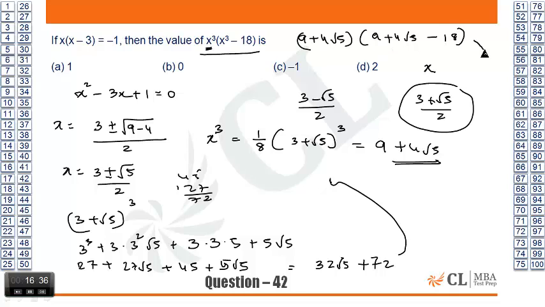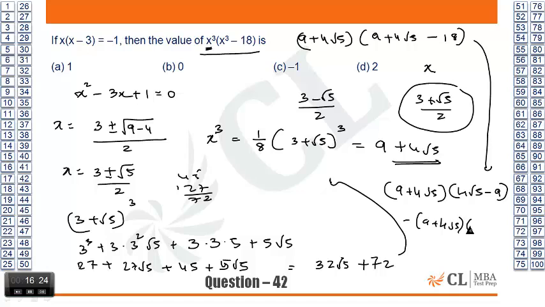So this will become 9 plus 4 root 5 into 4 root 5 minus 9. That will be minus of 9 plus 4 root 5 into 9 minus 4 root 5, which means a square minus b square. Minus of a square is 81, b square is 4 square is 16, 16 times 5 is 80, so minus 1.